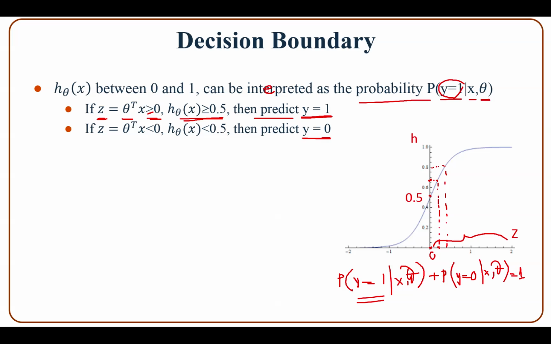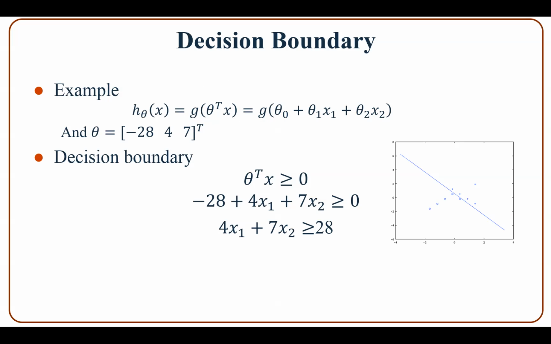So in the figure, at 0 the sigmoid function is 0.5, and for values of z greater than 0, the sigmoid function is greater than 0.5, and here we predict that y equals 1. The probability of y equal to 1 and the probability of y equal to 0 sum to 1.